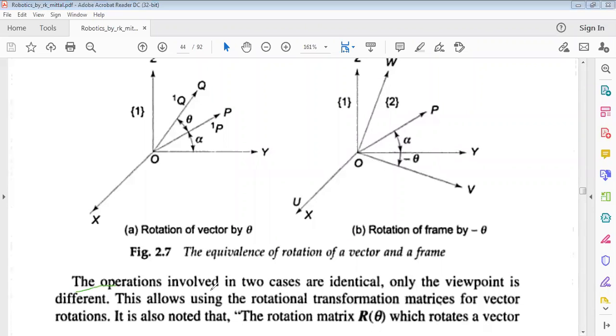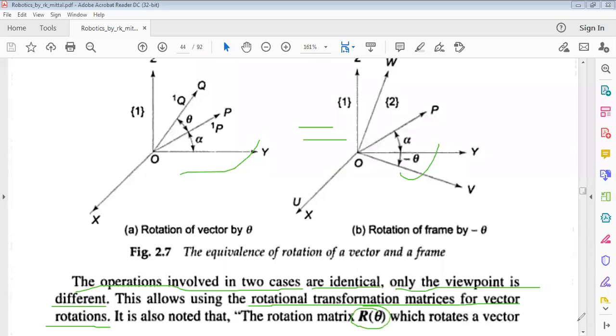The operations involved in the two cases are identical, only the viewpoint is different. Mathematically, both are identical representations. So this allows using the rotational transformation matrices for vector rotations and frame rotations. There is no difference in using this rotation matrix R of theta.